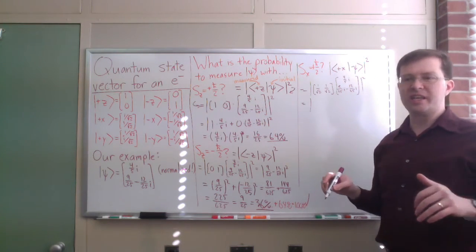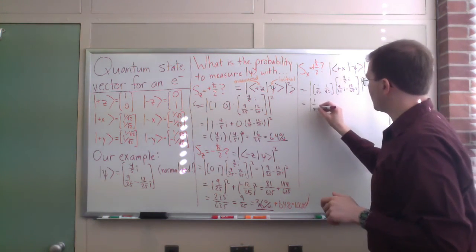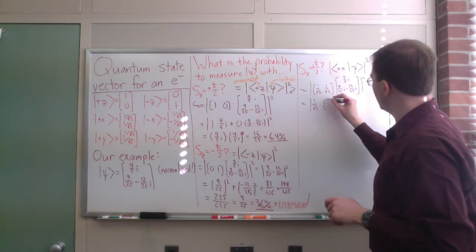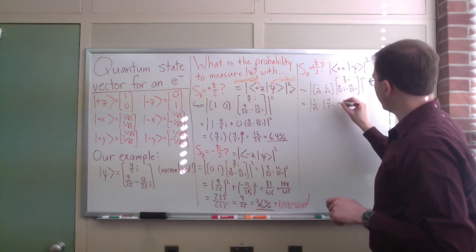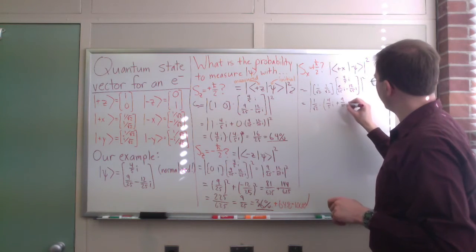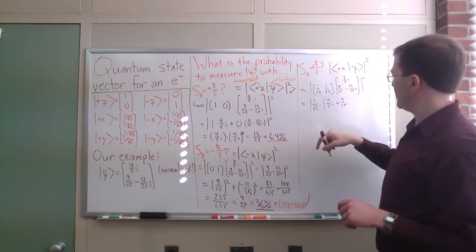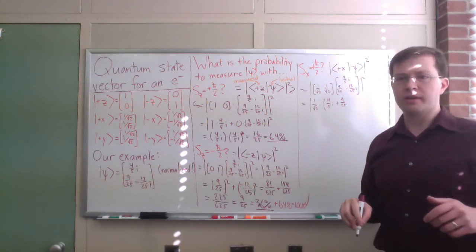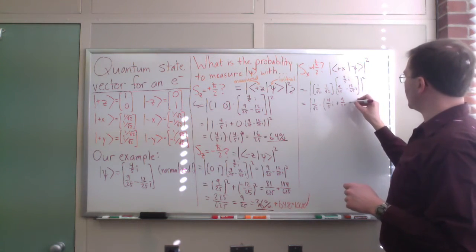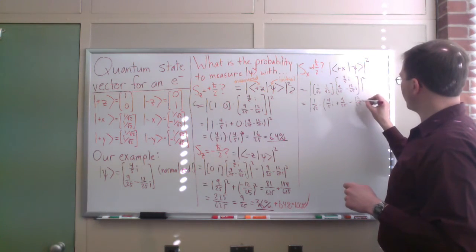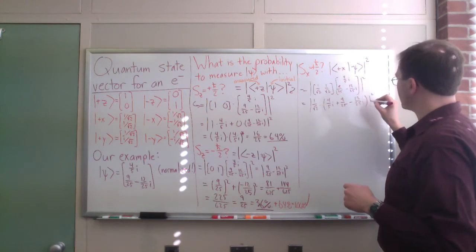I'll be a little sneaky here and just factor that out. 1 over square root of 2 times 4/5 i plus 9/25. That wasn't supposed to be an i. One of you in the video should have yelled at me. 9/25 minus 12/25 i, absolute square.